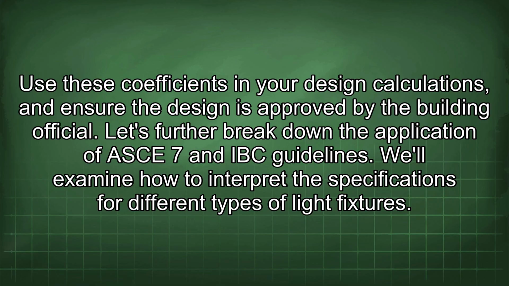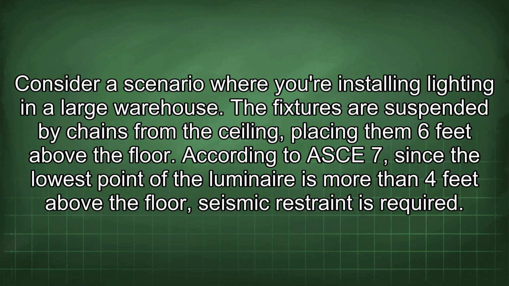Let's further break down the application of ASCE 7 and IBC guidelines. We'll examine how to interpret the specifications for different types of light fixtures. Consider a scenario where you're installing lighting in a large warehouse. The fixtures are suspended by chains from the ceiling, placing them 6 feet above the floor. According to ASCE 7, since the lowest point of the luminaire is more than 4 feet above the floor, seismic restraint is required.